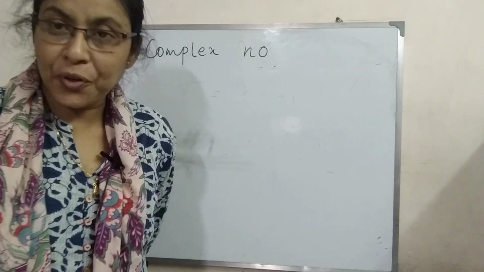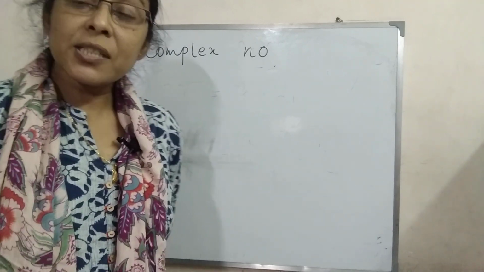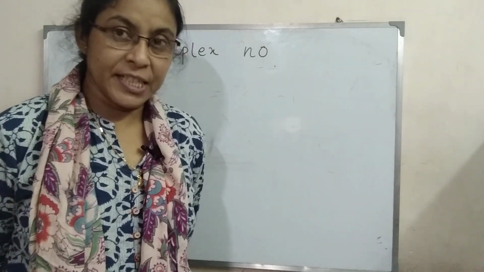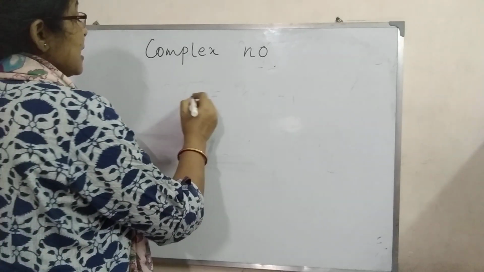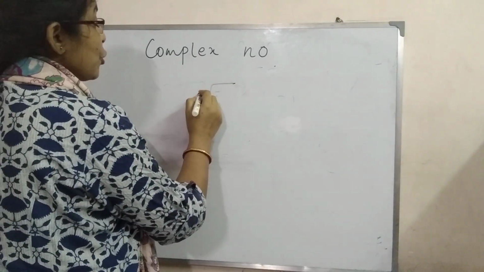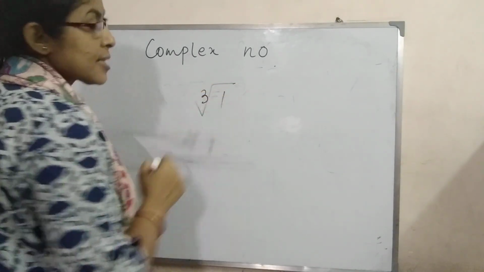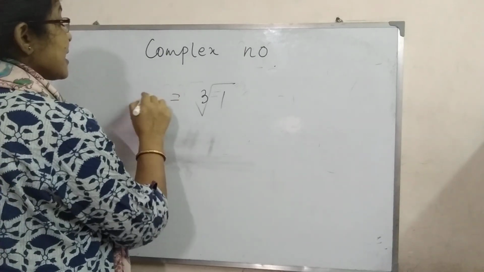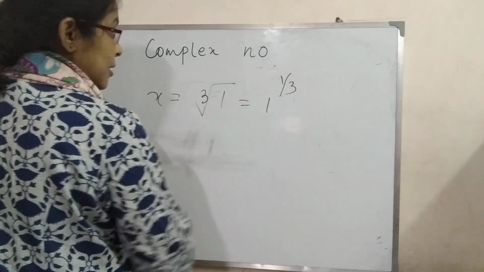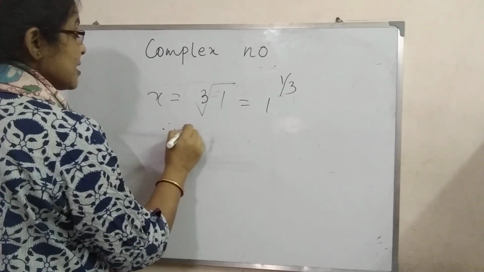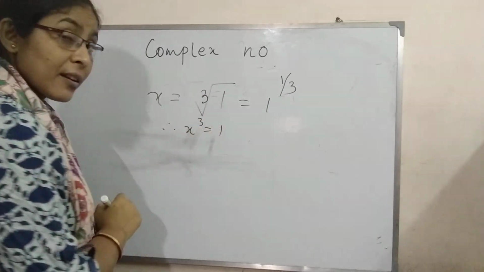I am going to focus on imaginary cube root of unity. What is it? Let x equal to 1 to the power 1/3. That is, x cube equal to 1.